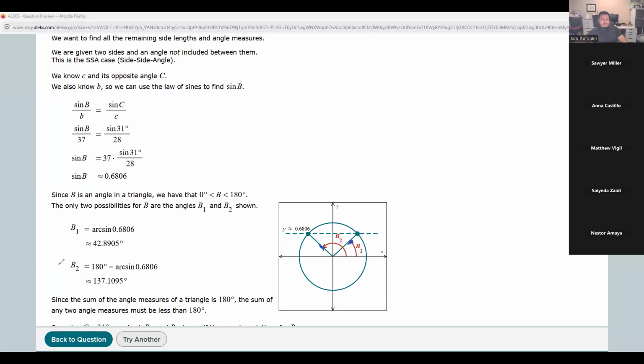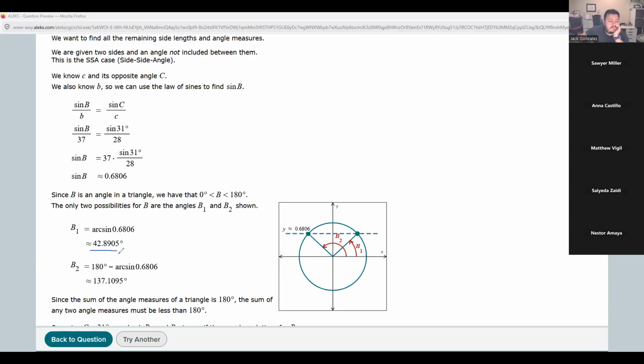So they're saying, well, to solve for B, I need to do sine inverse of both sides, which gets me to here, which gets me this answer. To find the other angle, I do 180 minus this answer, which is this. Same thing.